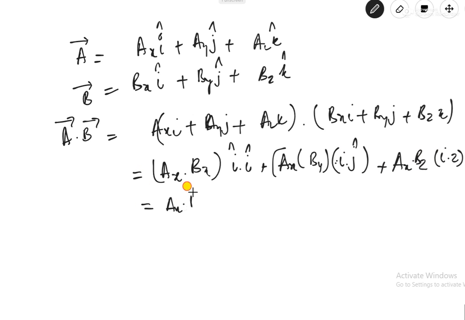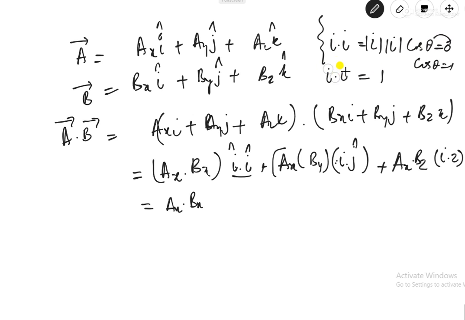AX into BX, i into i: this is a unit vector, this is a unit vector. So i dot i is equal to the magnitude of i times cos theta. As they are the same unit vectors, the angle between them is 0, so cos theta is equal to 1. That means i dot i is equal to 1.